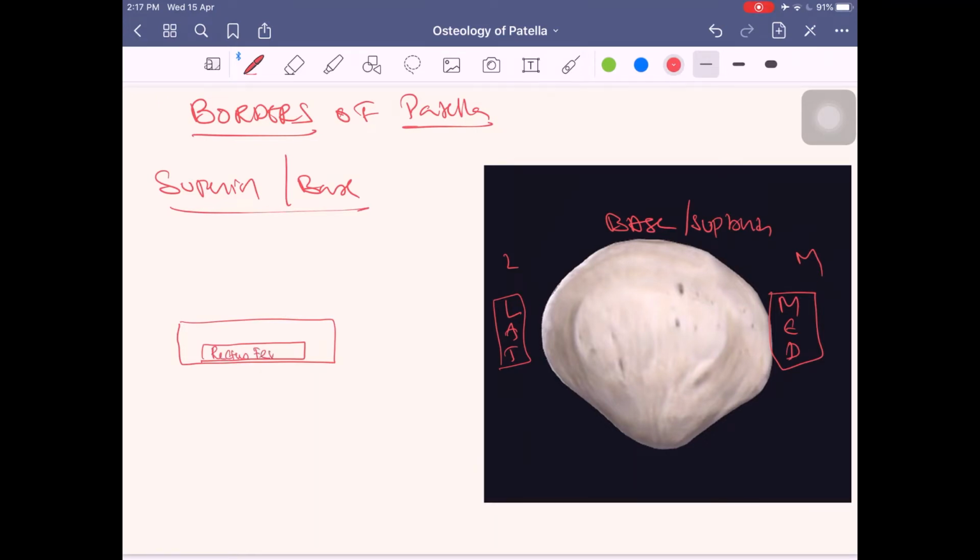This we did in the hip bone, straight head and reflected head. In its posterior part, one more muscle, vastus intermedius. So these are the two muscles on the base, anteriorly rectus femoris and posteriorly vastus intermedius.